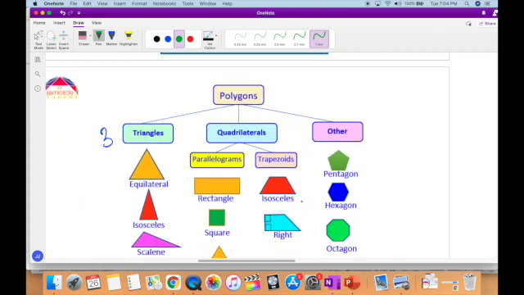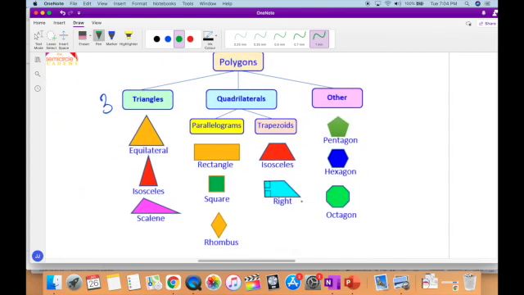So we're going on to polygons now, and these are the types of polygons that you are going to have to know. And in the next class, we are going to be going into the details of each of these, but not today. So we have triangles, and you can see triangles have 3 sides. And we have different types of triangles that we will talk about just now.